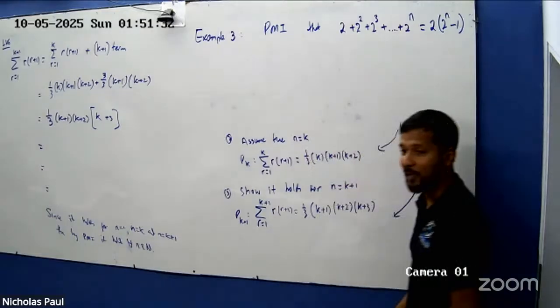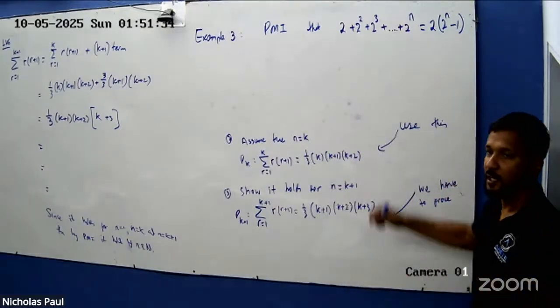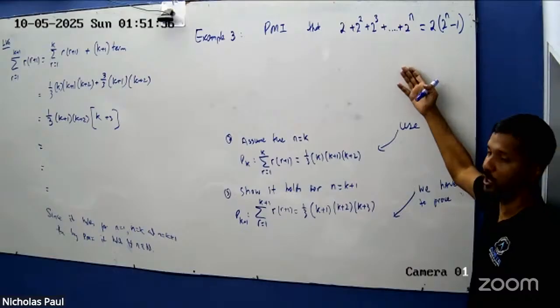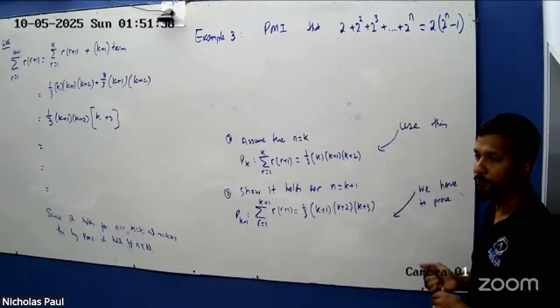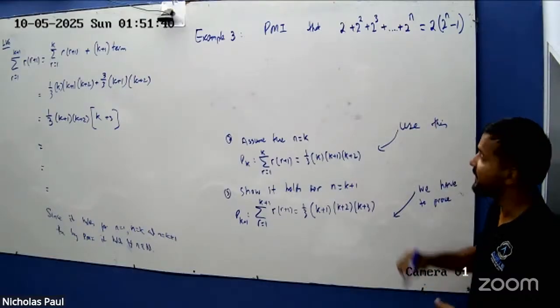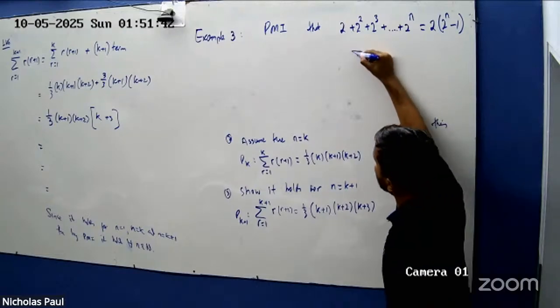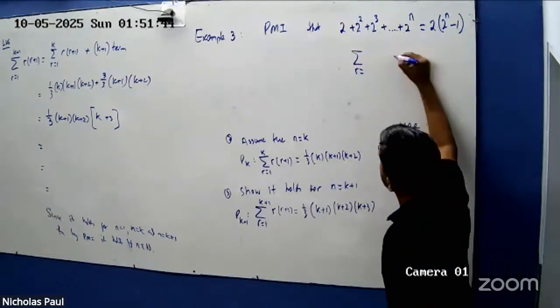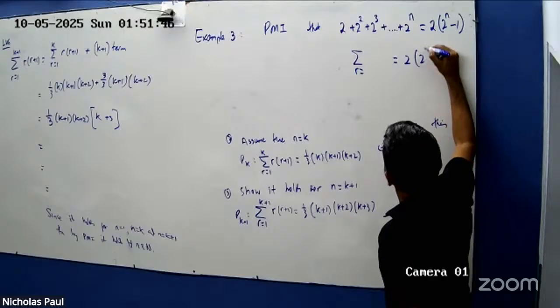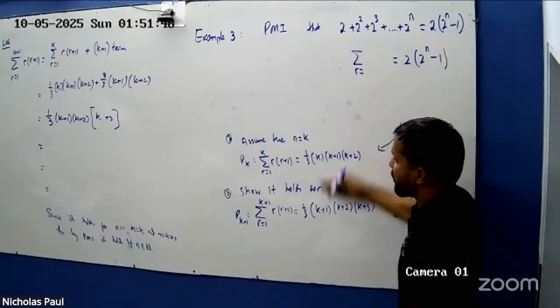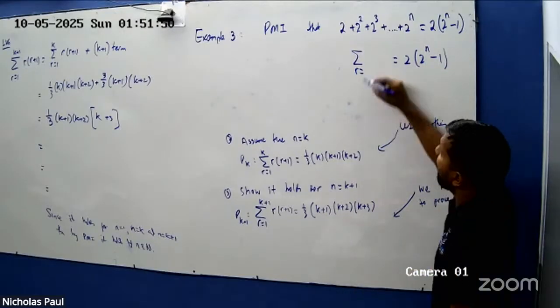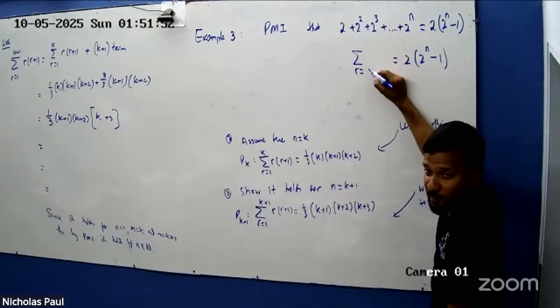Right? Question. Before you start, how do I write this other summation? The summation from what to what? Because I want to make sure you can do it the same way, right?